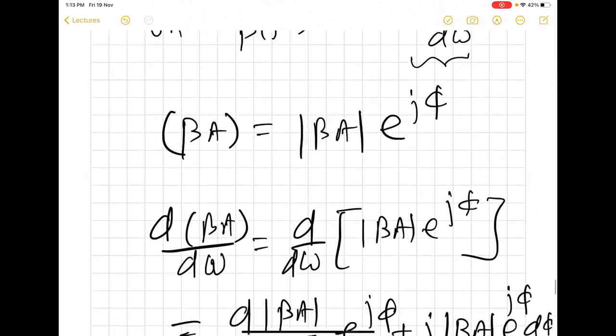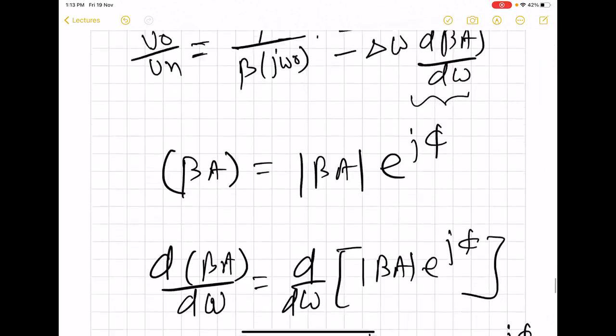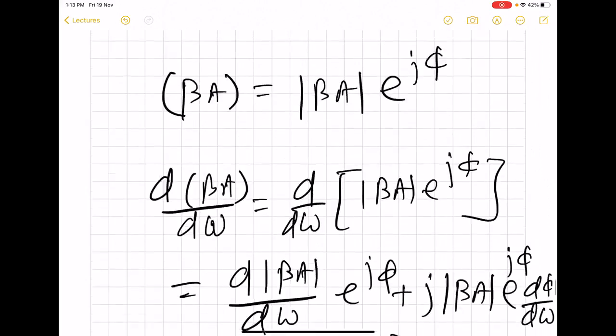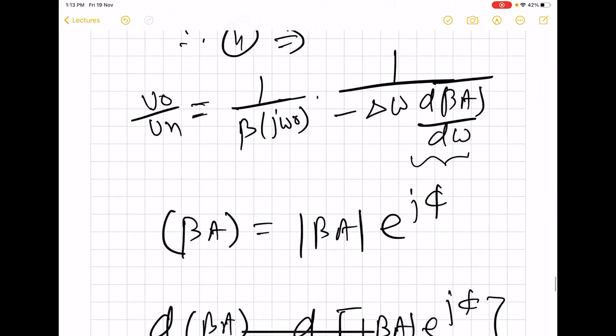Now we can find out what the transfer function will be. So here we found that the transfer function has this derivative, which we have found in terms of the quality factor. So now we are going to write the square of this transfer function.